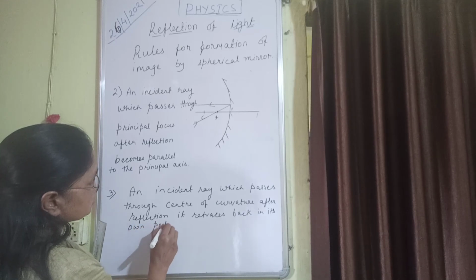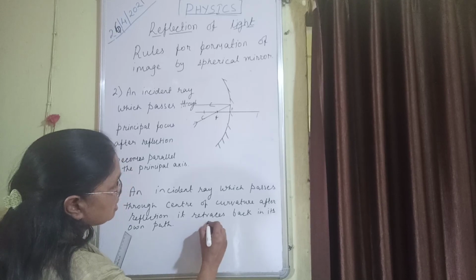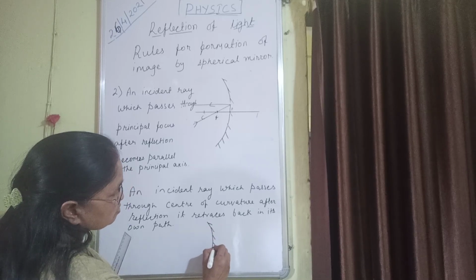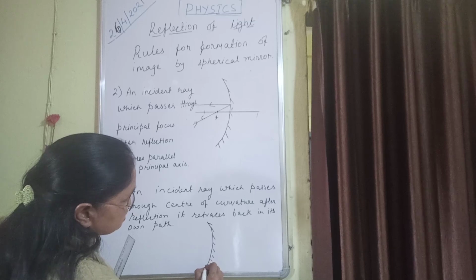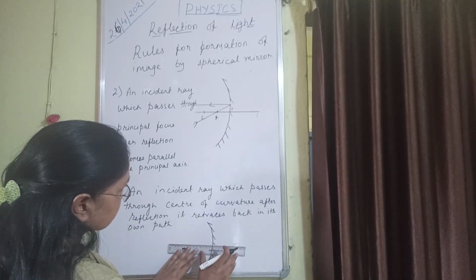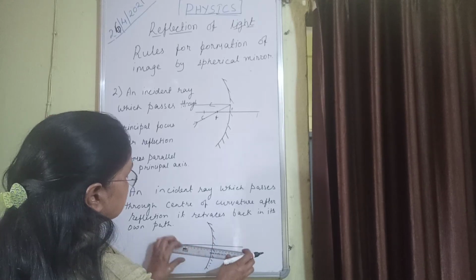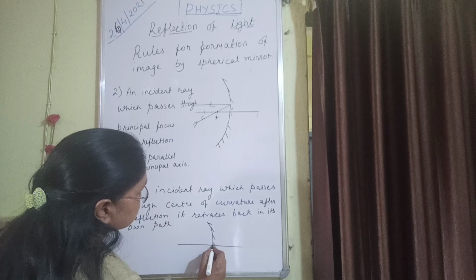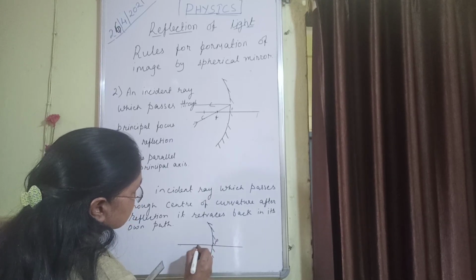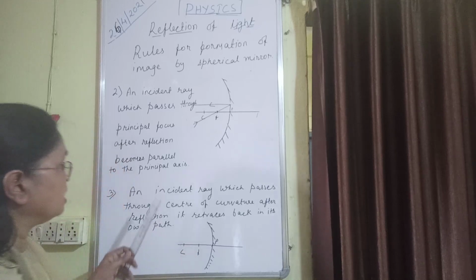So let us see what is happening. I have drawn one concave mirror and polished it, mirror completed. Then draw the principal axis. This is your pole, focus, center of curvature.